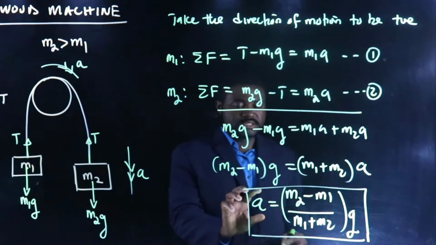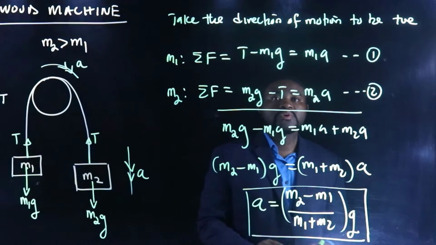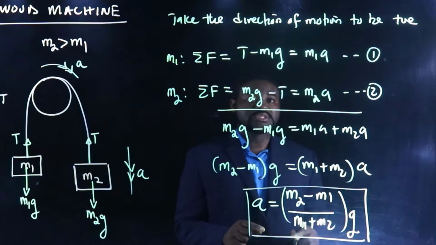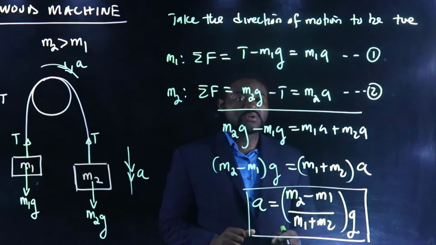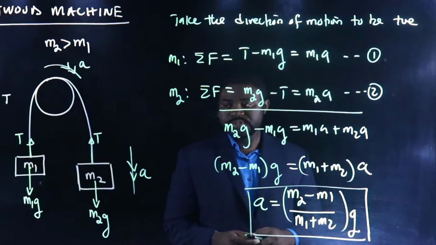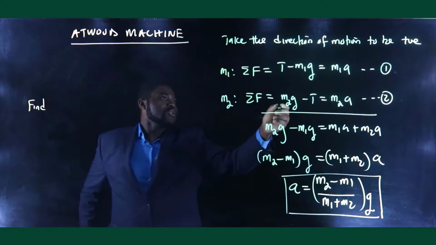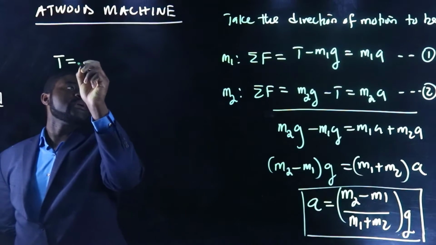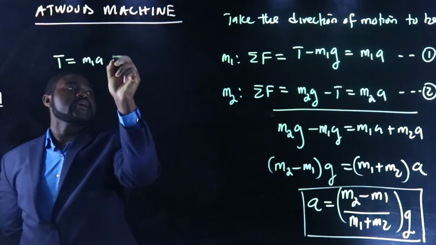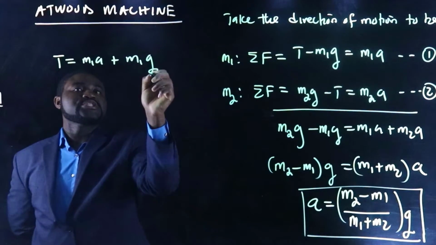Now that we know the acceleration of the system, we will substitute this acceleration into one of these equations to calculate the tension in the string. So let's take equation 1 for example. T will be equal to M1A plus M1G.